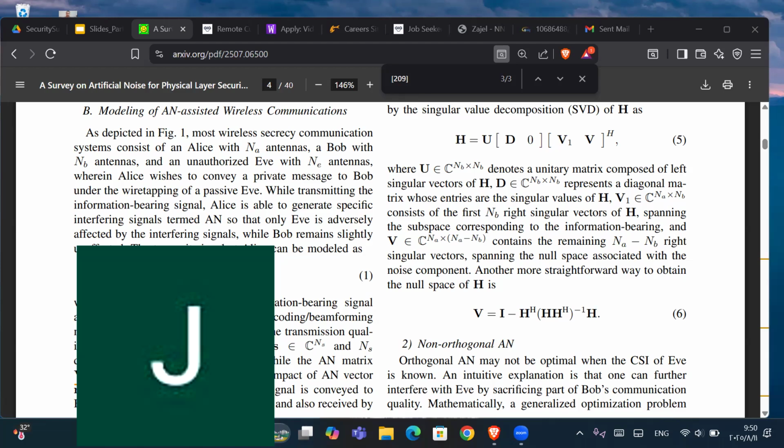And vector R is going to be NA minus NB, because V is multiplied by R, so the number of rows of R should equal the number of columns of V, so that you can mathematically multiply them.